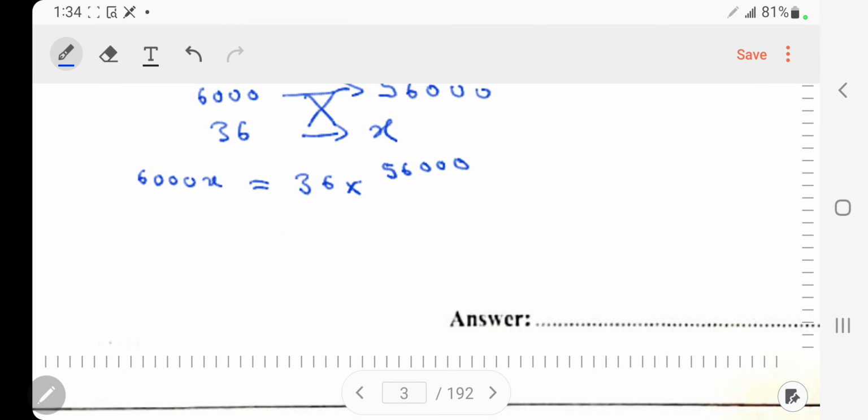Now when we reach this stage, what we are going to do is divide by 6,000 on both sides. Remember, this is paper 1, so there is no need to use the calculator.